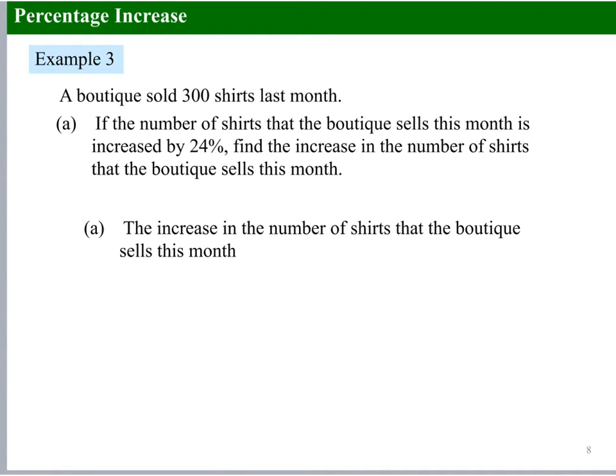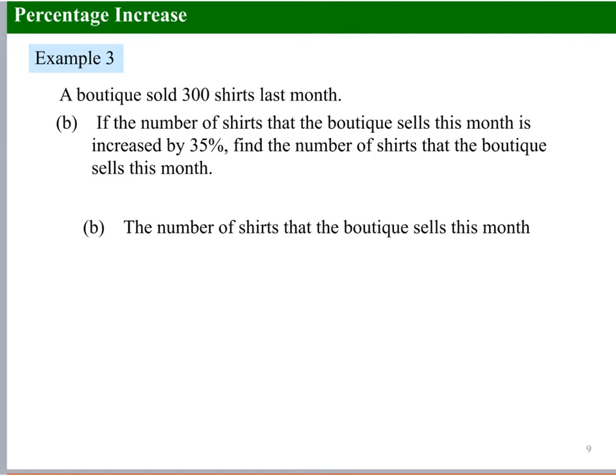Remember the first equation. The increase in the number of shirts equals the original value, which is 300, times 24%, which is the percentage increase. Then the answer should be 72.